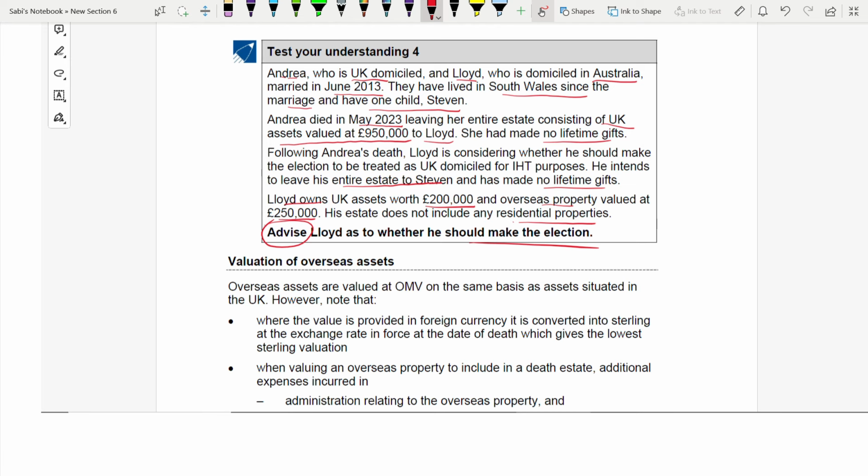Now, whenever there are two things to compare side by side, with election and without election, you can do them simultaneously. Make a column with election and without election. This saves a lot of time rather than doing everything with election, then again doing everything without election. Don't do that and don't waste time. Once in Excel, you can do it.